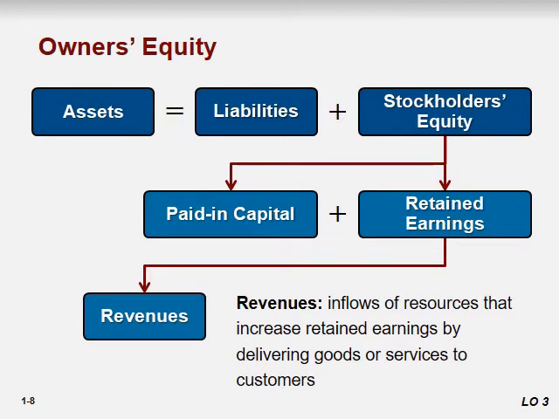For example, it is the revenue minus the expenses, the profits that are not distributed, or left after some kind of distribution, and you didn't pay 100% of the profit to the shareholders, you retained some for future use. We call that retained earnings. So revenue is also a part of retained earnings. Revenue means inflow of resources that increase retained earnings by delivering goods or services to the customers. In simple sense, revenue means sales of the business.